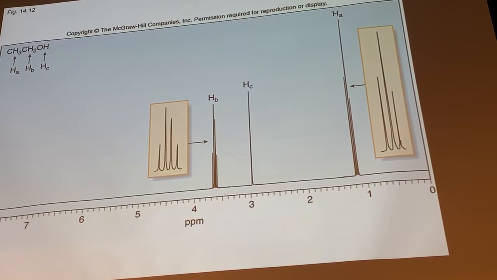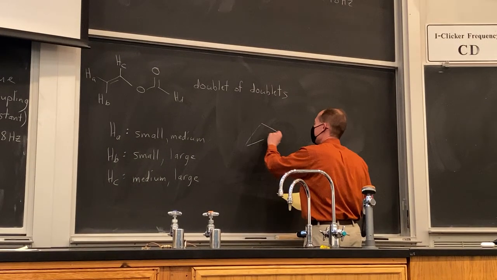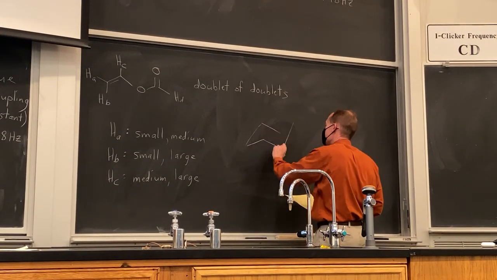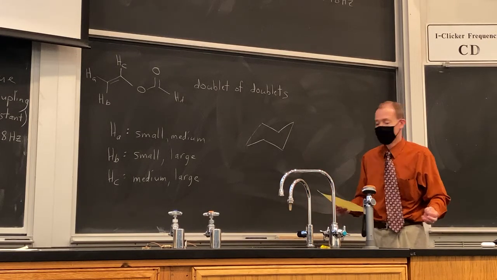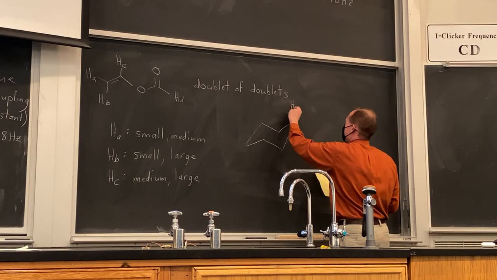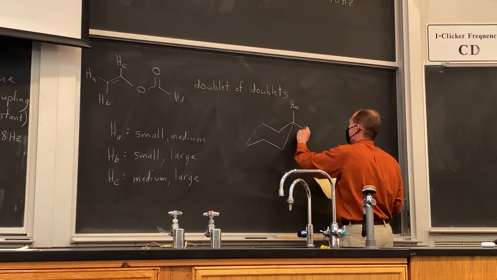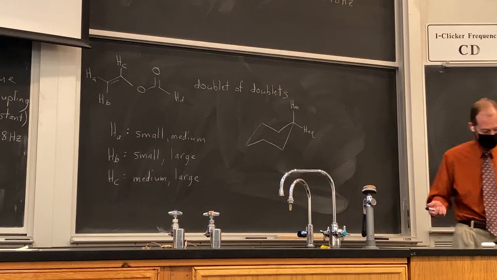All right, let's talk about cyclohexane. How many different types of hydrogens do we have in cyclohexane? Okay, we have two different types of hydrogens. We have our axial hydrogens, and we have our equatorial hydrogens.